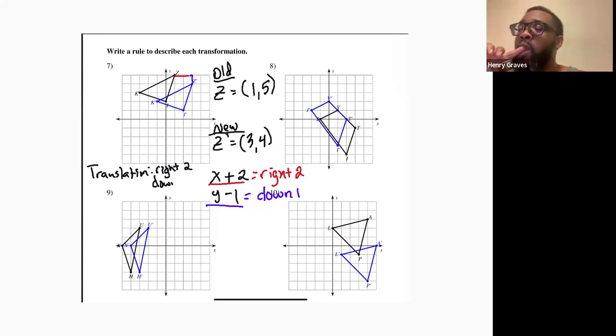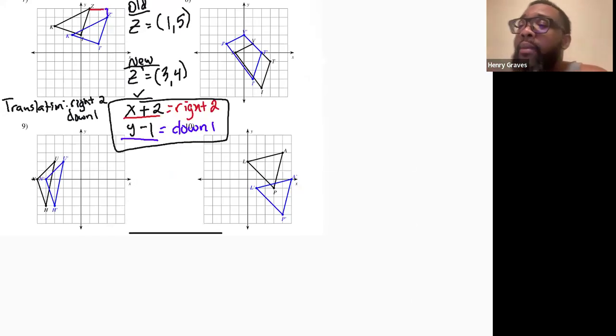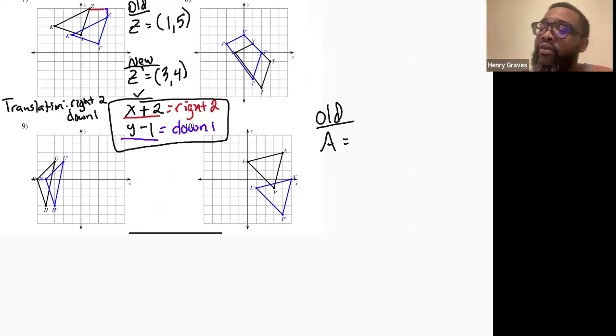Let me do another one. Number 10, the bottom right side. So I'm going to compare again, just like I did before. I'm gonna compare A, which is the old, then I'm gonna compare the new. But this time I'm actually gonna take it up a step further.